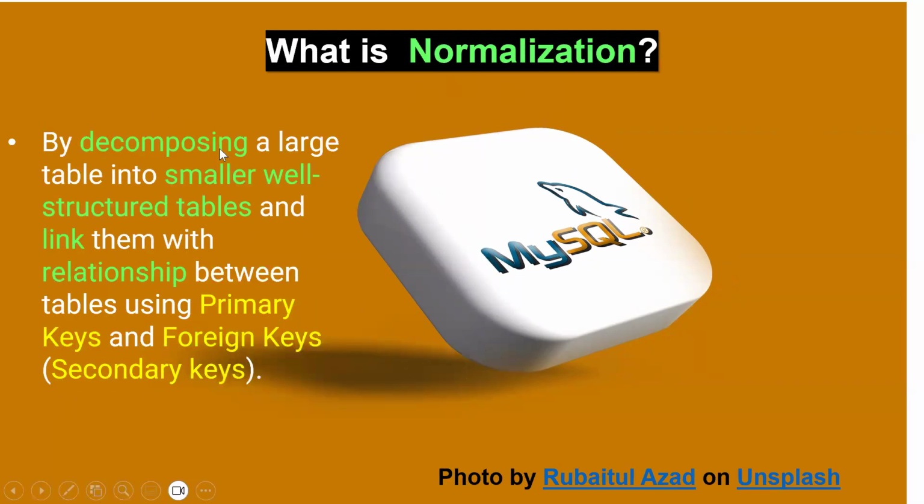You could also decompose a larger table into well-structured tables and link them by relationship. So the relationship could be one-to-one, one-to-many, or many-to-many. Those relationships are done through primary key and foreign key relationships. Sometimes a foreign key is also called a secondary key, because it is foreign to the second table, or it is on a second table.